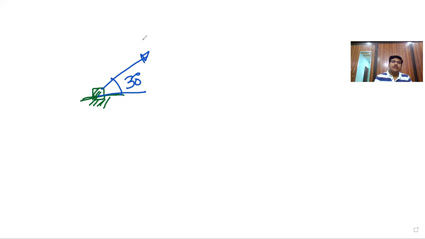I am giving the pulling force F. The child is pulling with the F force, making a 30 degrees angle with the ground. This is ground. Clear?